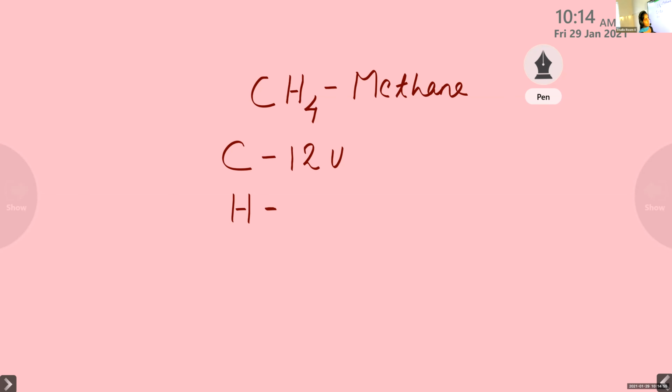Atomic mass of hydrogen is 1U. Here there are 4 hydrogen atoms, that's why 4U. So the sum of the atomic masses of these elements, 12 plus 4 into 1, is equal to 16U.